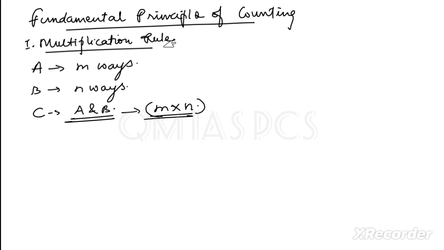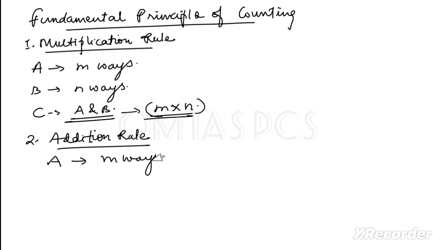Understood? And second thing is addition rule. So what is addition rule then? For example, let's say there is a work A that can be done in m ways, and there is another work B that can be done in n ways.